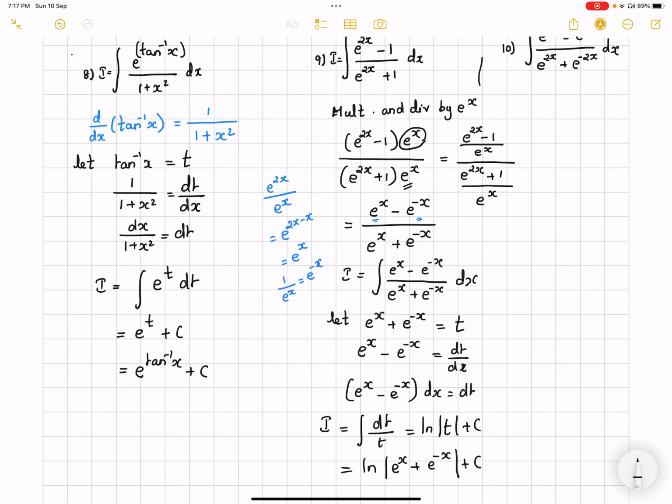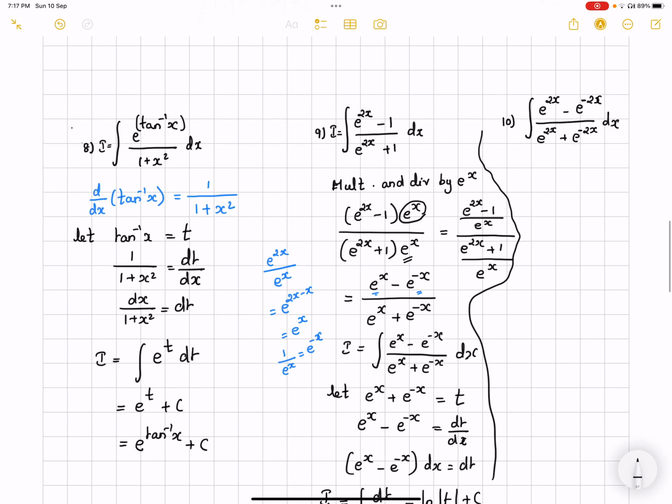Now let's go ahead and do the next one, our 10th one. See here, it's already in that format. So which one would I be considering? I would be considering my denominator, because the numerator, when I consider... okay, you are going to consider your numerator, e to the power 2x minus e to the power minus 2x.